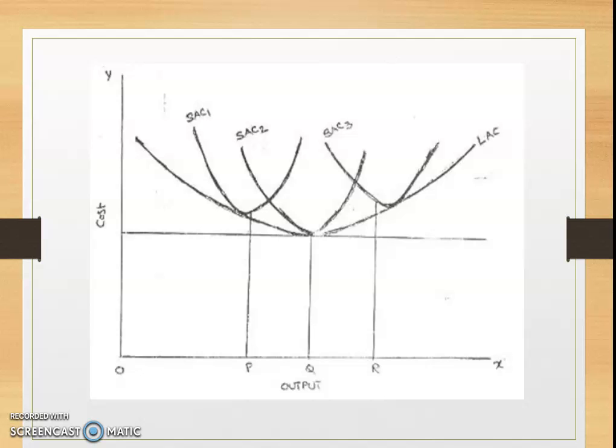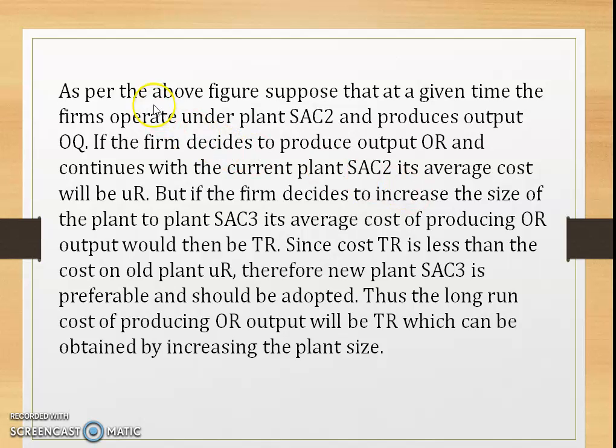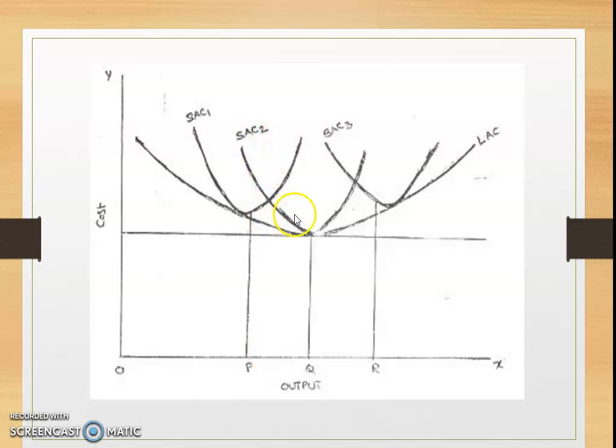This will not intersect the SAC curve while rising in an upward direction. Look here, while rising upwards, it won't intersect the LAC curve. As per the above graph, suppose that at a given time, the firm operates under SAC2 and produces output OQ.